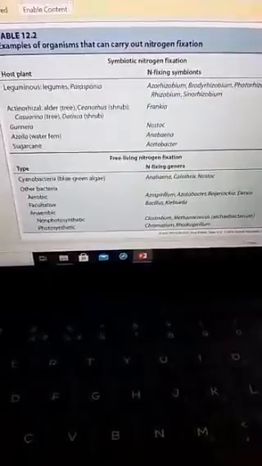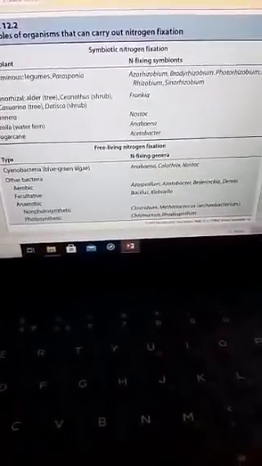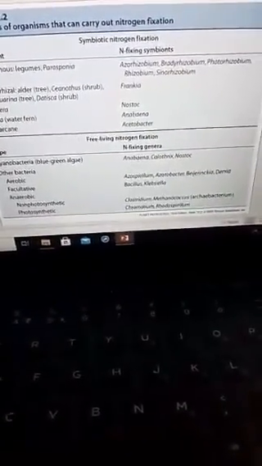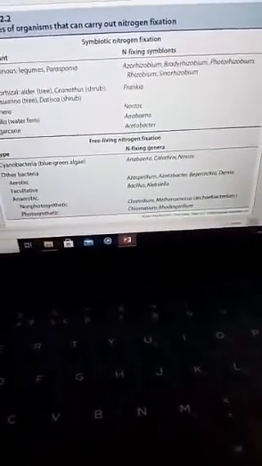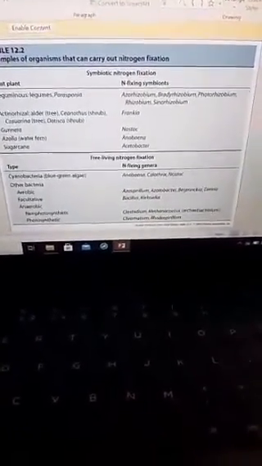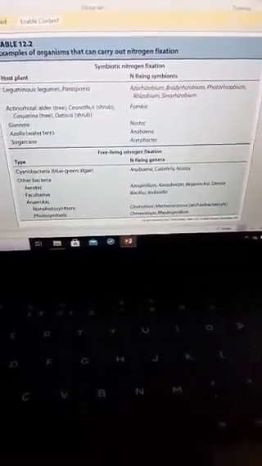So this is all about examples of organisms that carry out nitrogen fixation, the relationship between the host plant and the nitrogen fixing microorganism or symbiote. So the slide is self-explanatory. I don't think you will have difficulties in understanding that.